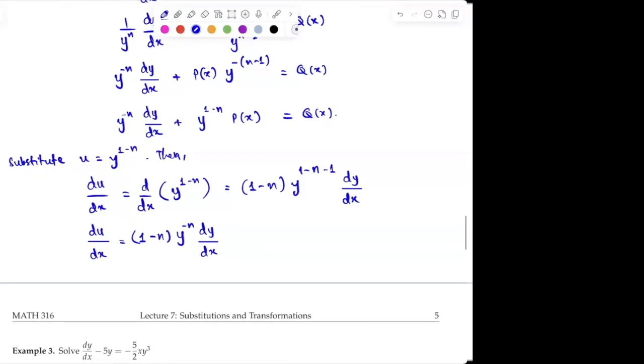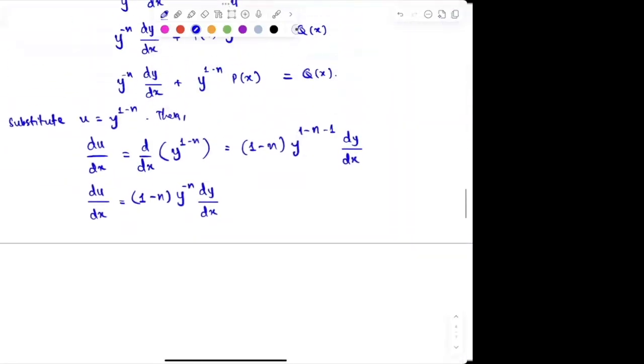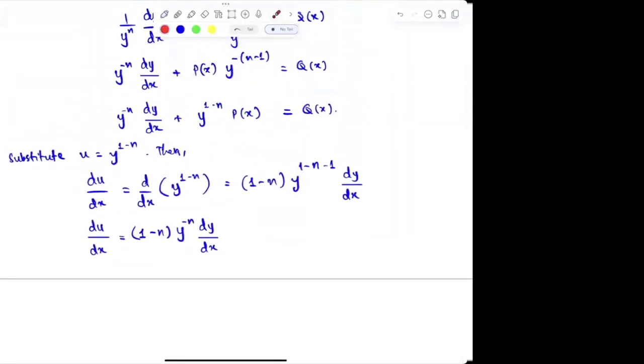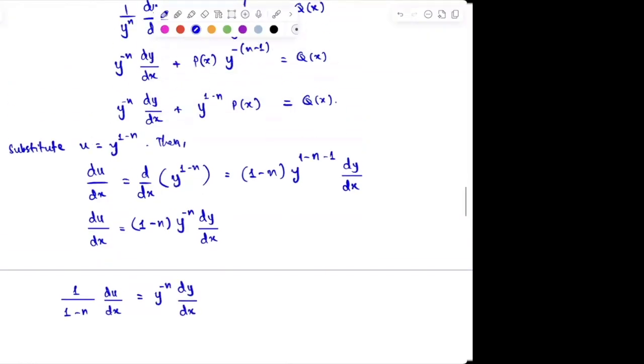But let me continue with this. What do you see here? If you divide both sides by 1 minus n, you have 1 over 1 minus n times du/dx equal to y to the power negative n times dy/dx. And then you utilize this equation again.